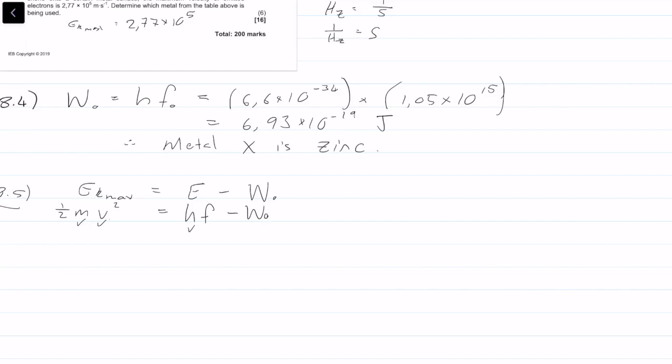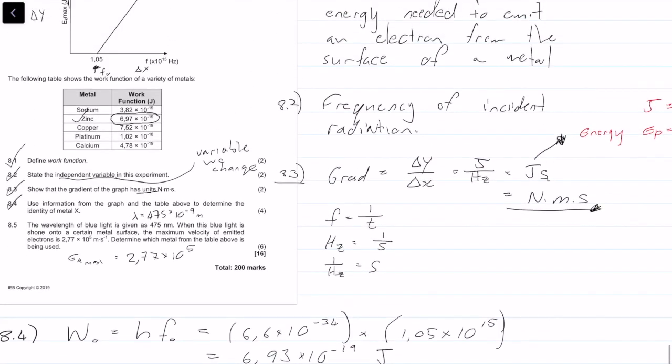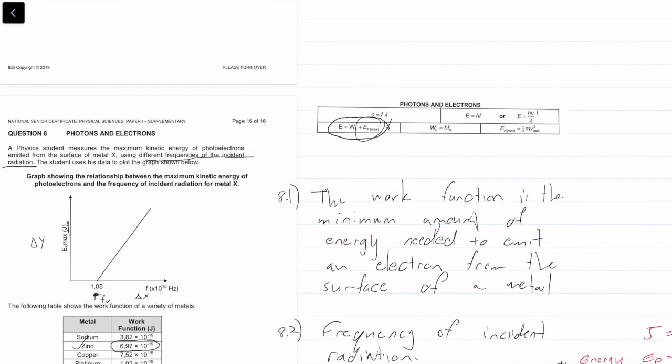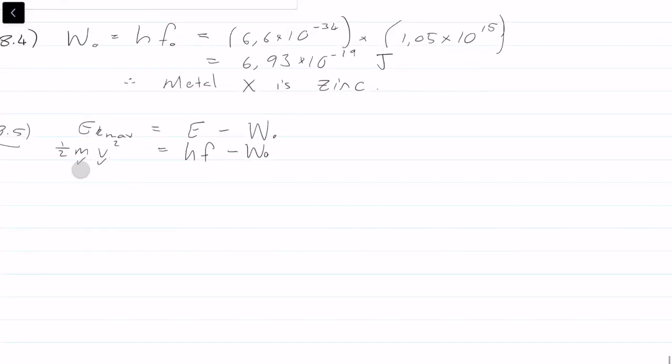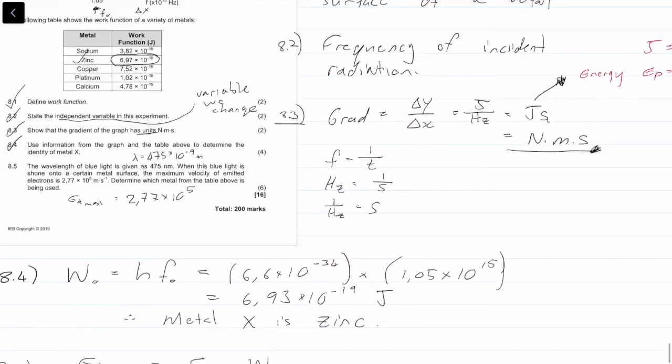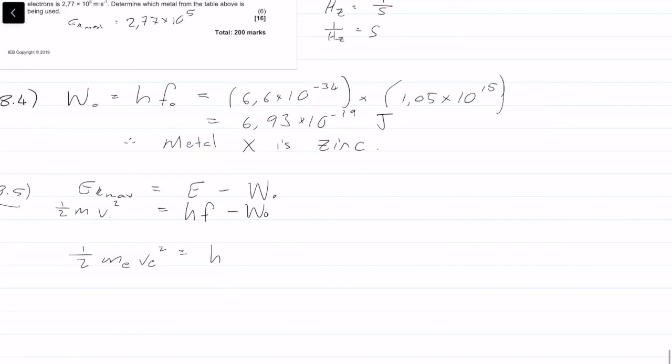For f we're going to substitute hc over lambda. So let's write that out: half the mass of the electron times the velocity of the electron squared equals hc over lambda minus the work function.